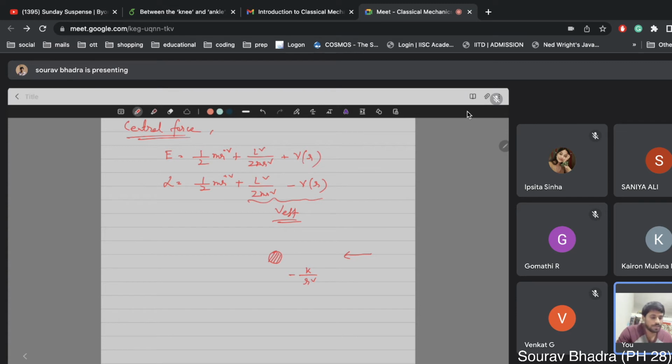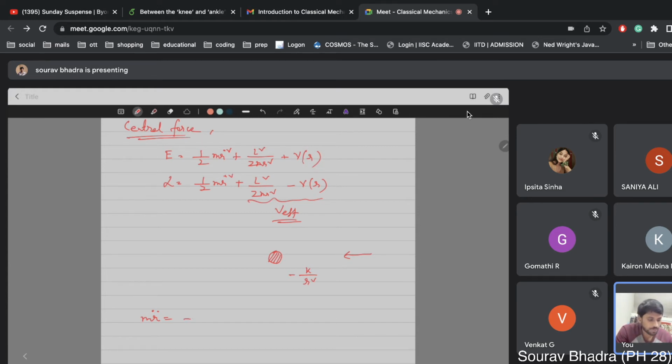I am doing it in a different way, not starting from the Lagrangian, but you can also reach this using the Lagrangian. So your equation of motion will be like this: mass times acceleration will be equal to the force. That's just Newton's law.